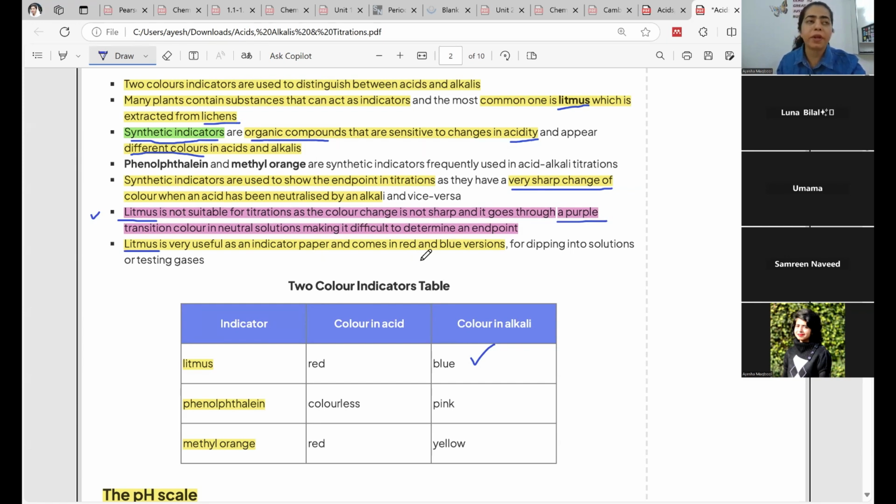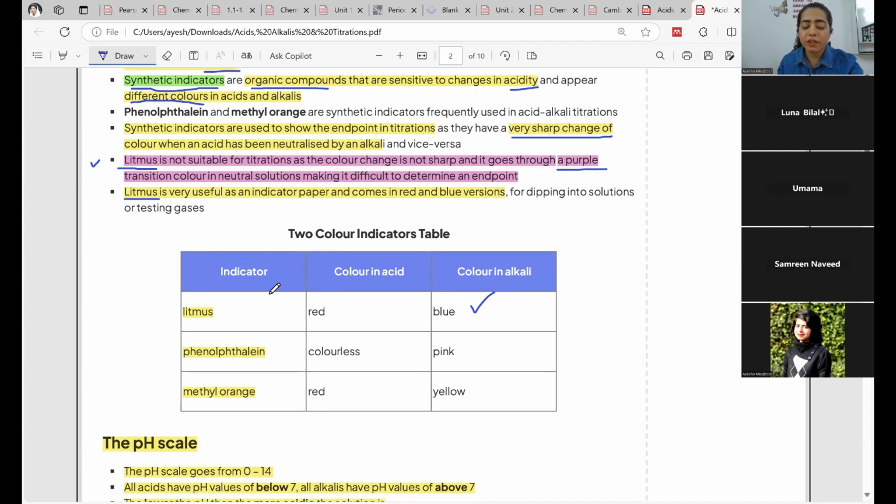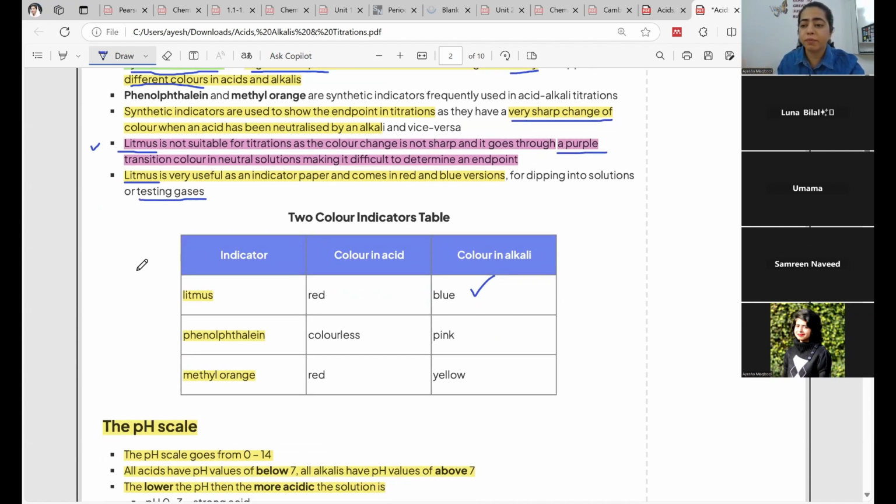We can dip it into the solution and see if it's red or blue. Red means acid, blue means alkali. The same way we can use litmus paper for testing gases as well. We covered the gas tests already, where we put the litmus paper in front of the mouth of the test tube from where the gas is escaping and see the color change.